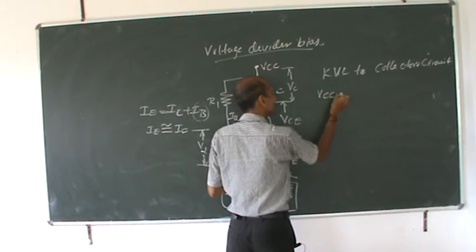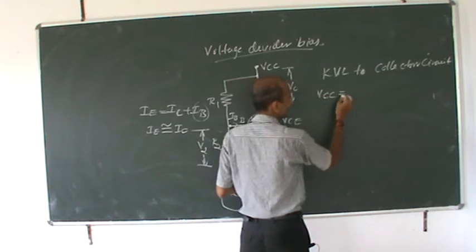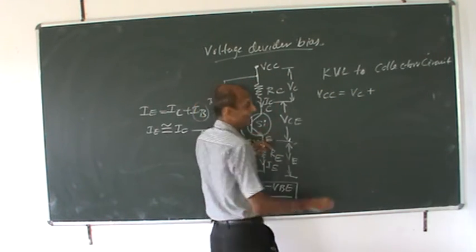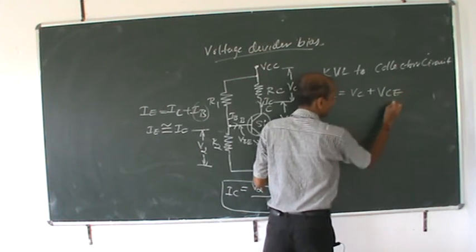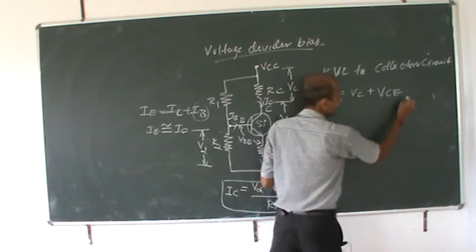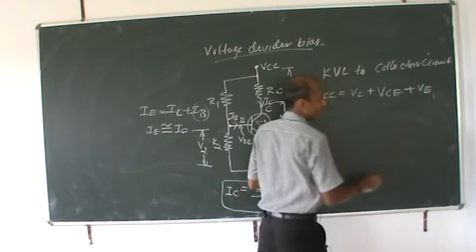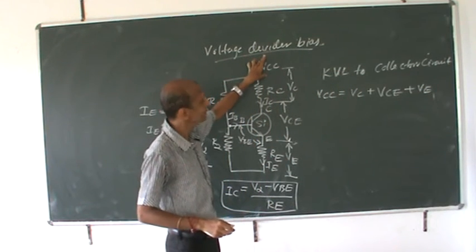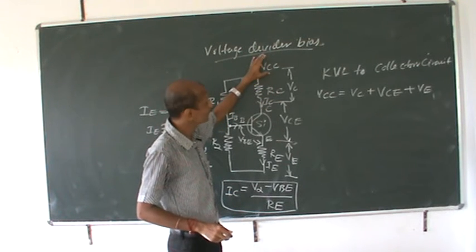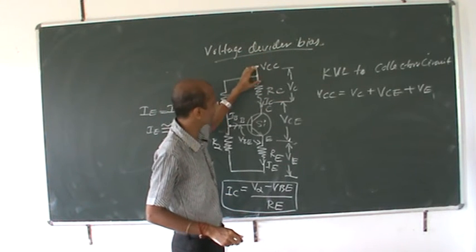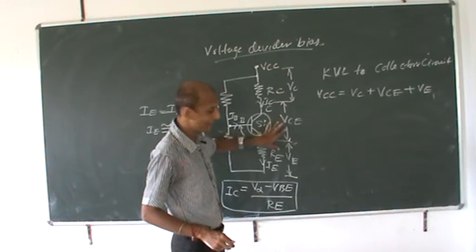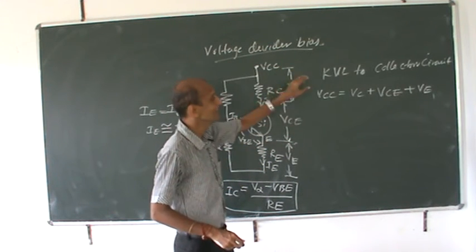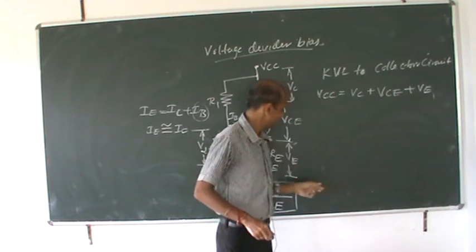It will be VCC is equal to VC plus VCE plus VE, isn't it? This is the voltage drop across RC, VCE and RE. So it is the sum of VC plus VCE plus VE.